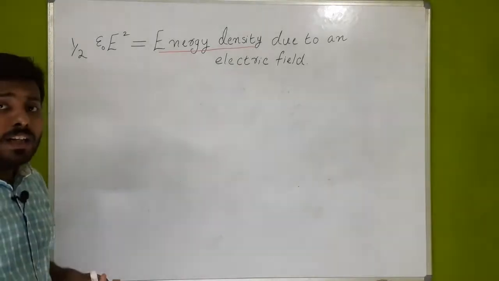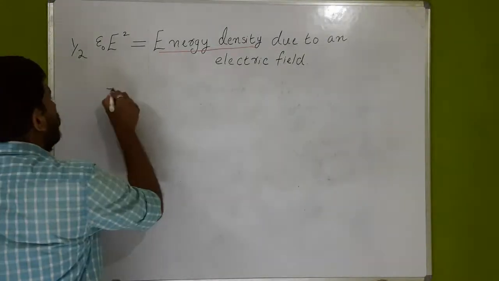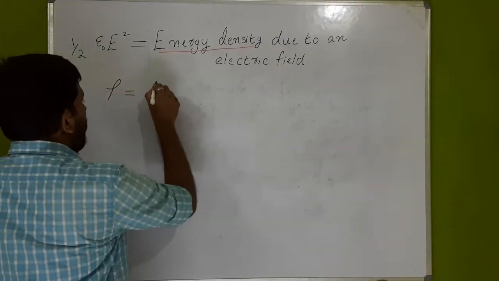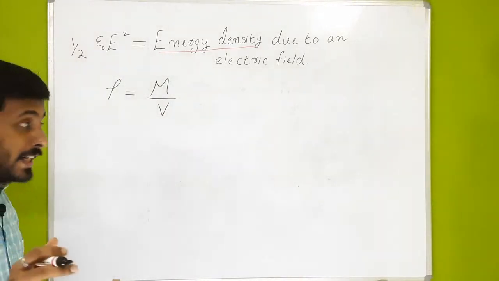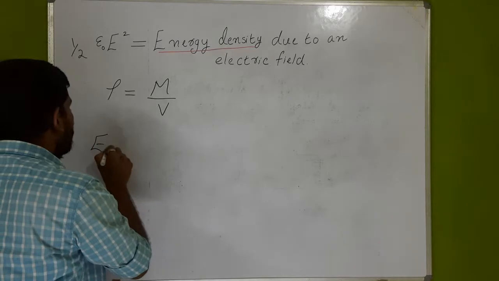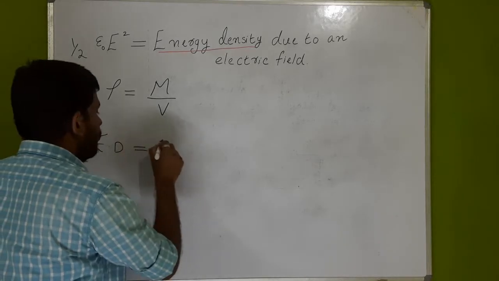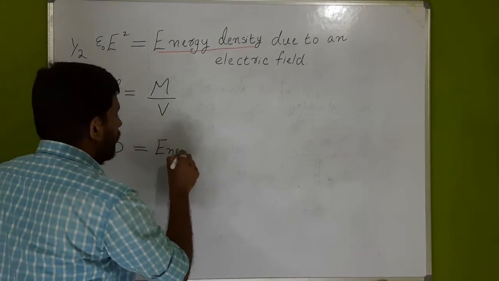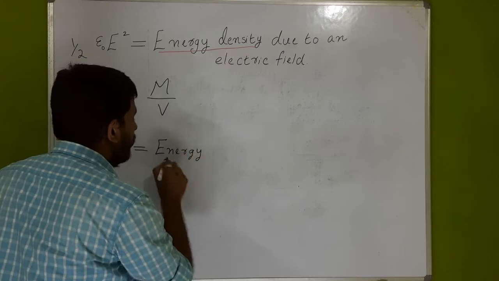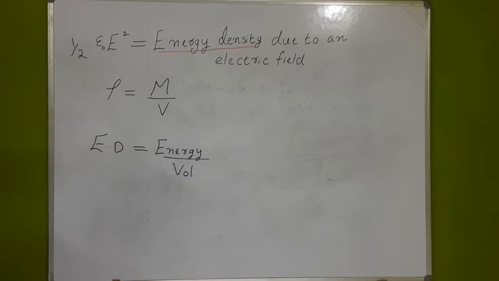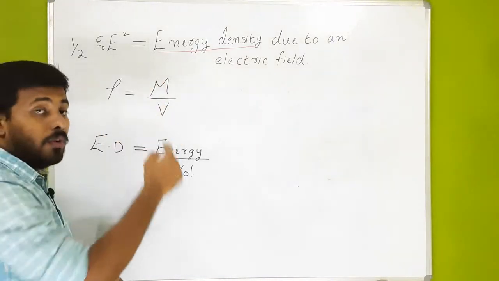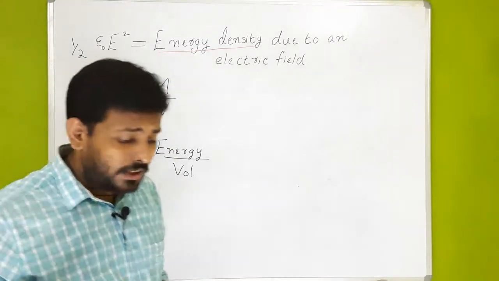We know that the mass density rho is equal to mass divided by volume. Similarly, the energy density is equal to energy divided by volume. Mass density is mass by volume, likewise energy density is energy by volume.